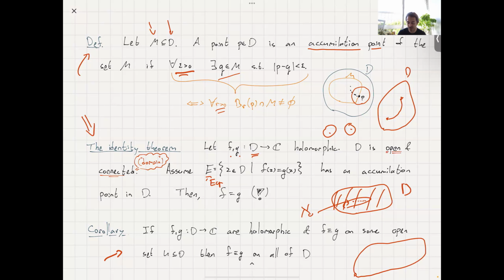Maybe it is surprising, but less so. If you have this domain D, and two functions there, and somewhere here you know that F and G agree, but that somewhere is an open set.